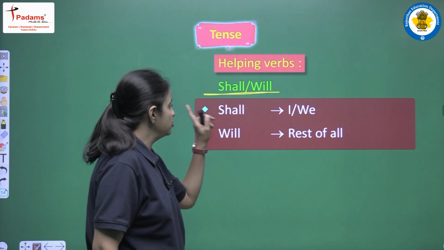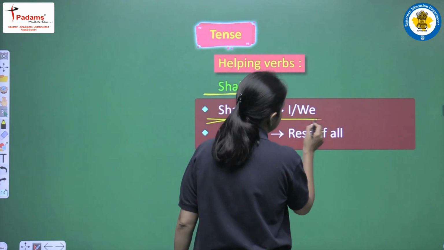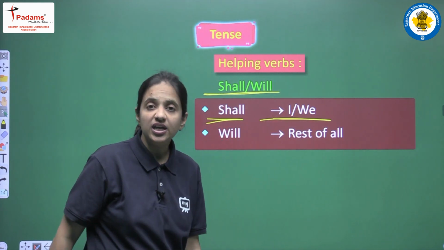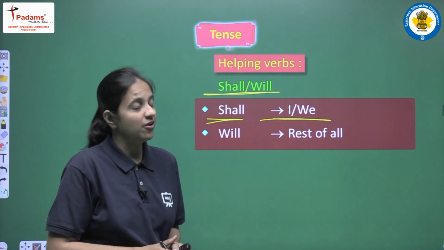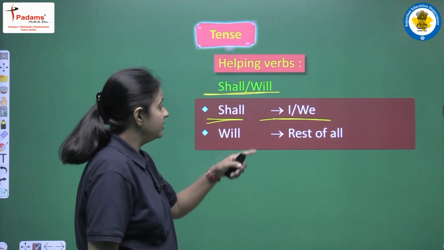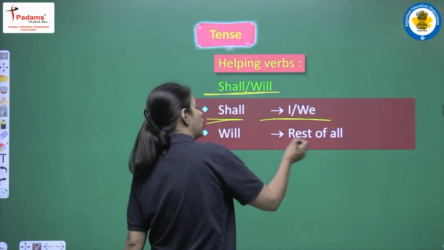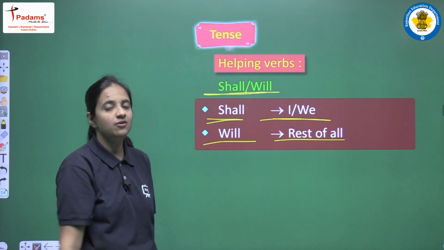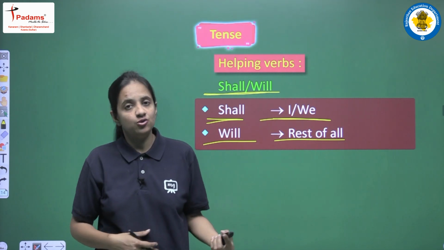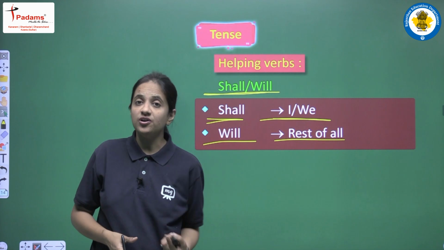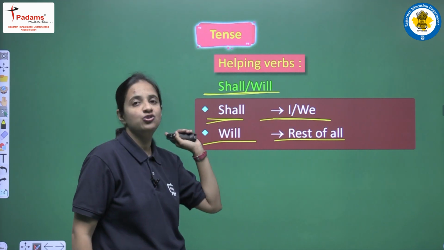So the use of these helping verbs is that shall is always used for I and we. This is very important, students. You have to be very careful. Everything should be very clear in your mind that shall is used only for I and we, and for the rest of all we use will. Rest of all means यानी कि I और we के अलावा बाकी जितने भी subjects हैं, whether they are nouns or pronouns, we always use will, but for I and we we have to use shall.